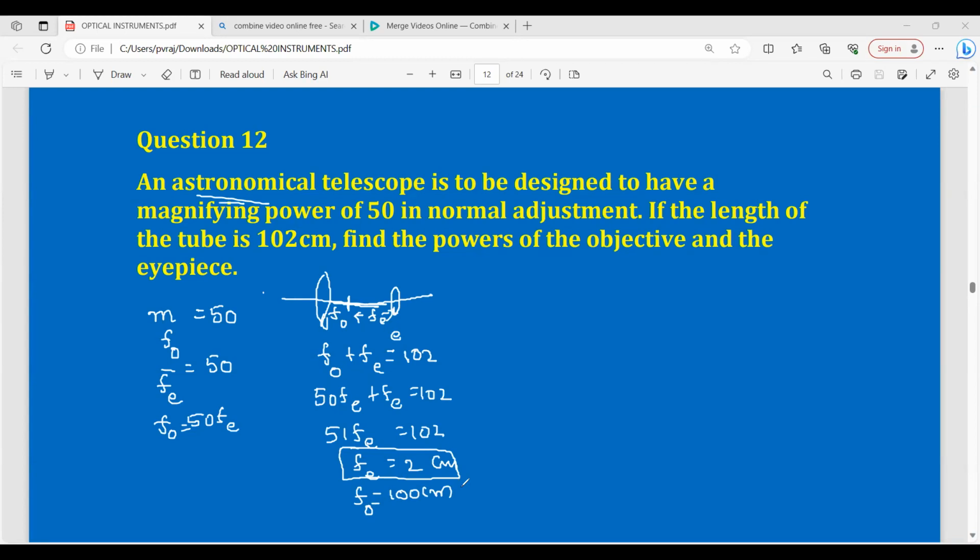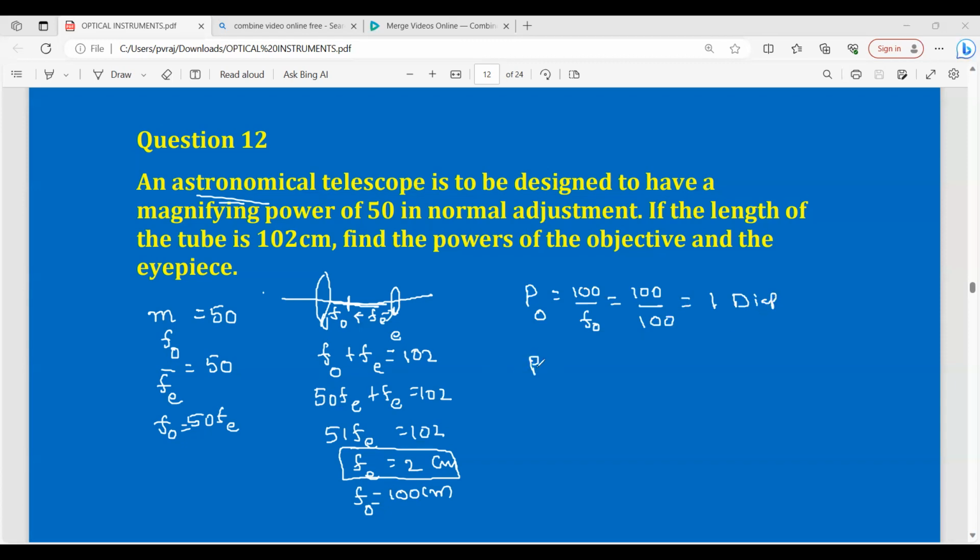But the question is not to calculate focal length values. We have to calculate power values. So the power of the objective is nothing but 100 by F, if focal length is in centimeters. Now, what is the focal length of the objective? 100. So 100 by 100 equal to 1 diopter.